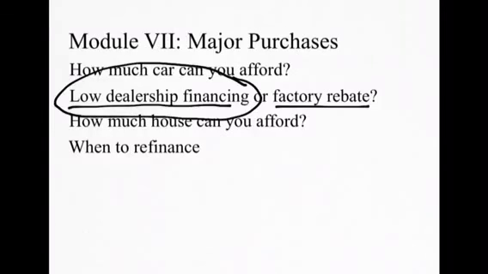However, you will want to use the foregone rebate, which is an implicit cost, as part of the finance charges to compute the effective APR. Then you take the effective APR of the low dealership financing, you compare that to the APR from your credit union when you accept the factory rebate, and the one with the lowest APR is the option that you should take.